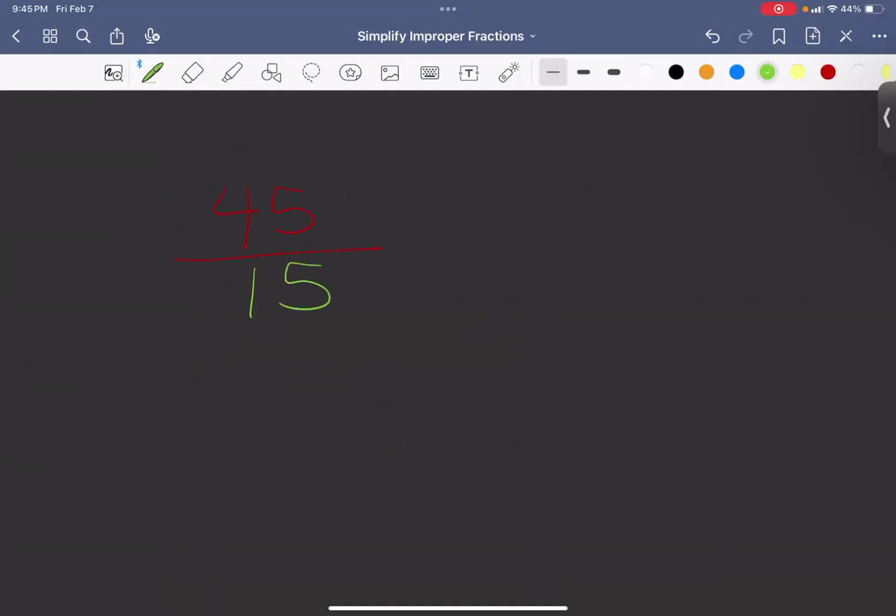So I'm going to divide. 45 divided by 15 is 3. I can fit 3 15s in 45 because 15 times 3 is 45.